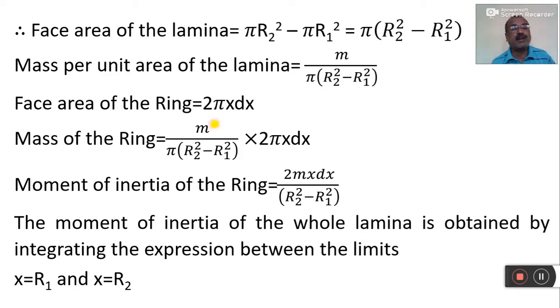Mass of the ring is given by m divided by pi into R2 squared minus R1 squared, into 2 pi x dx. Moment of inertia of the ring is given by 2m x cubed dx divided by R2 squared minus R1 squared. The moment of inertia of the whole lamina is obtained by integrating the expression between the limits x equal to R1 and x equal to R2.